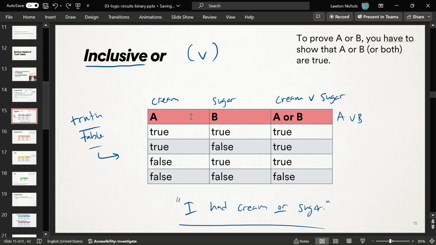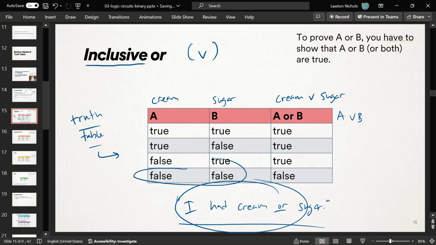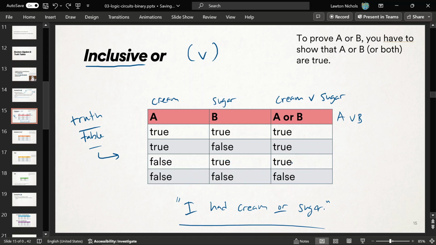It's called inclusive or. The only way for it to be false, the only way for you to have been lying, was if you said this, but you didn't actually have cream or sugar at all. You had neither cream nor sugar. That's the only time the or of those two things is false. That's a little weird, combining English and now symbols and shoving them together, but does that make at least a little bit of sense? That's called the inclusive or, and that's the truth table for it.